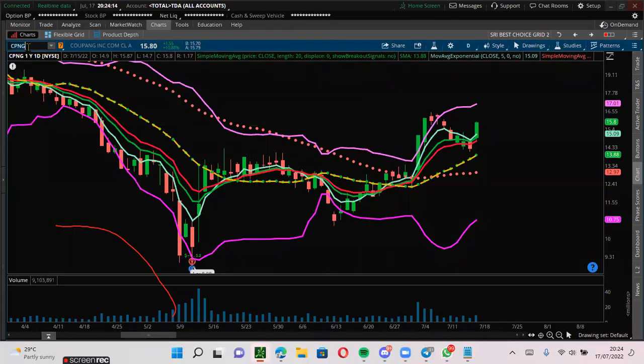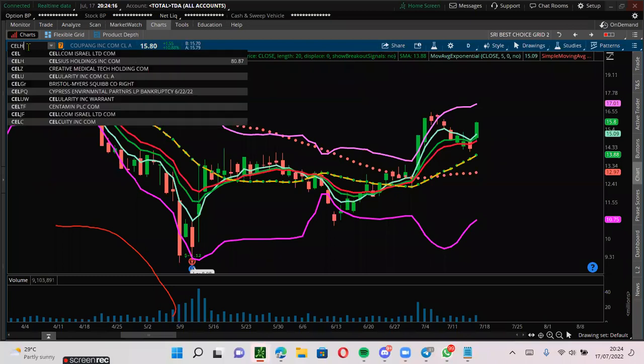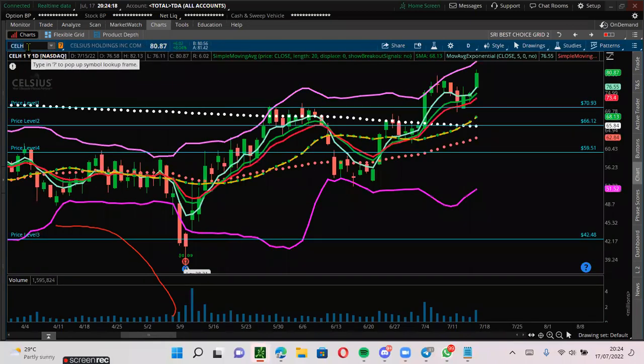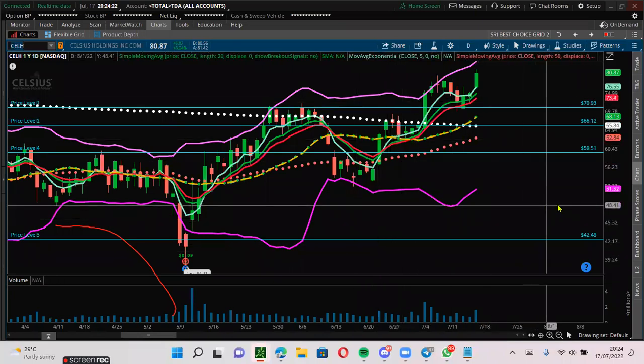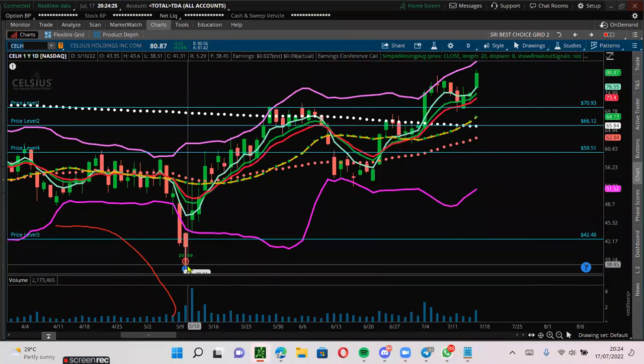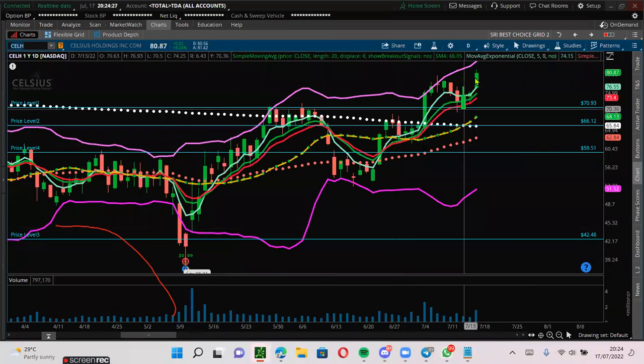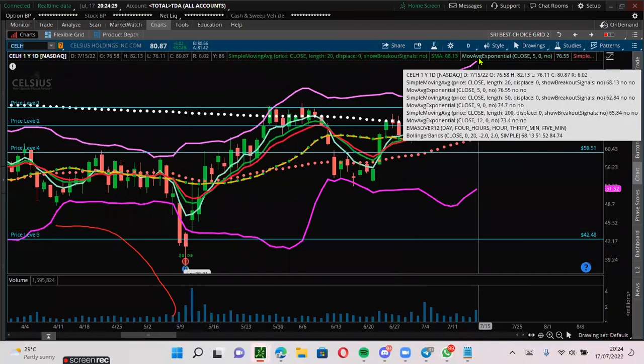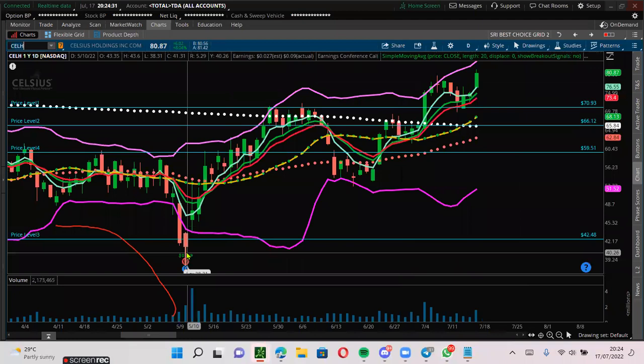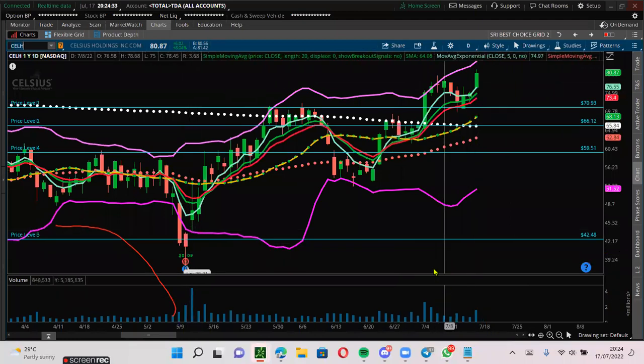Actually, I read Investor's Business Daily, and I have followed this stock for a long time. Looking at this trend, it went all the way from 38, and now it is at 76. So this is really stellar. I expect it to do pretty well in this next earnings as well.